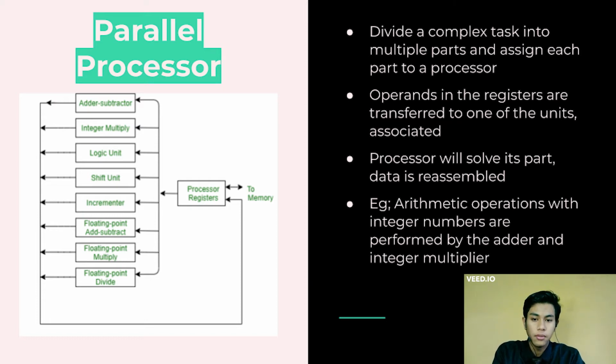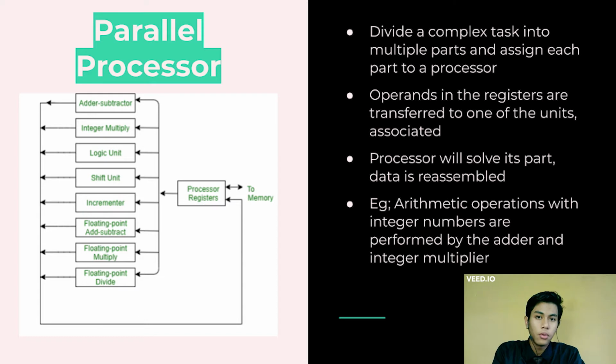One possible method of dividing the execution into 8 functional units operating in parallel is shown in this diagram. Depending on the operation specified by the instruction, operands in the register are transferred to one of the units associated with the operands. In each functional unit, the operation performed is denoted in each block of the diagram.